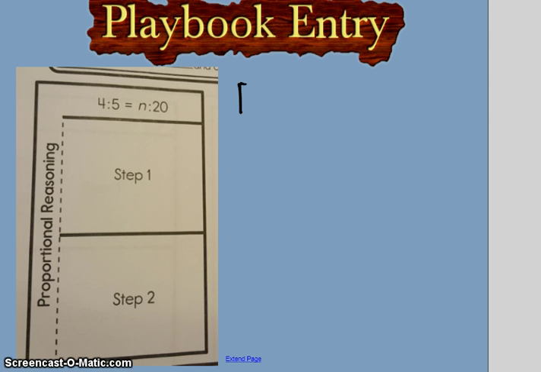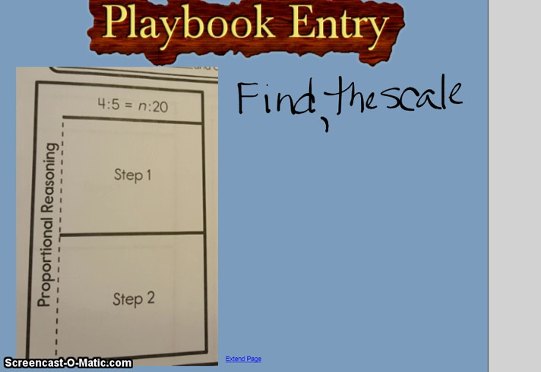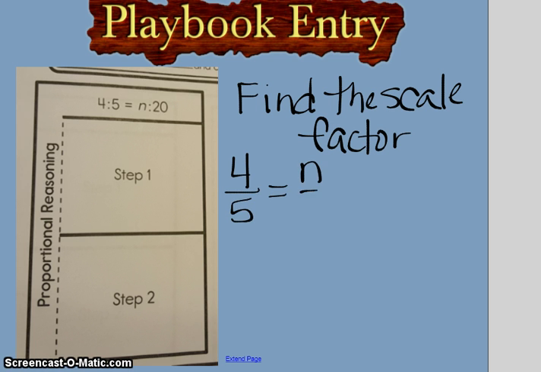it means step 1 is to find the scale factor. And the way you actually set that up is you take your first ratio, you equal it to your second ratio. And what you're trying to do is figure out how did your 1 go to the other.